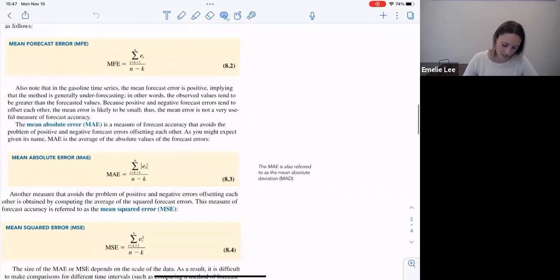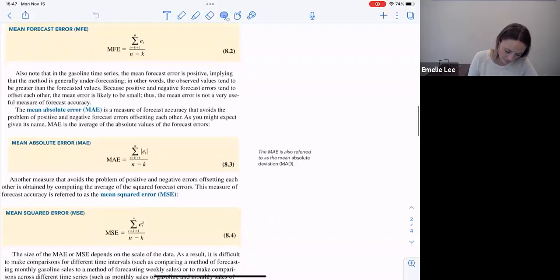But they're all based off of that mean forecast error.